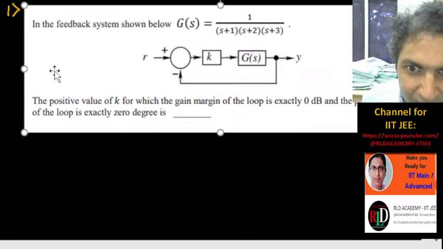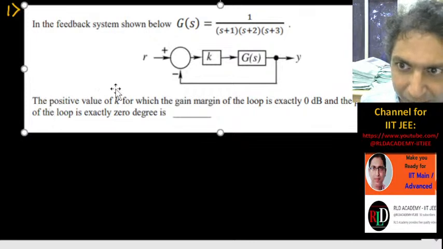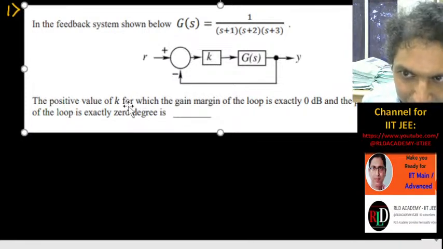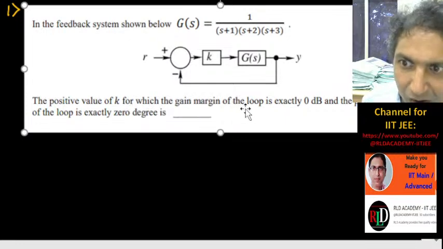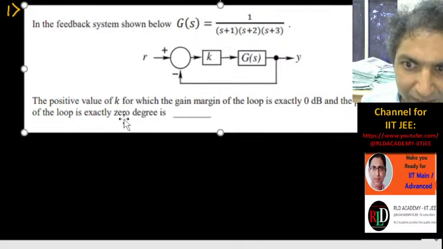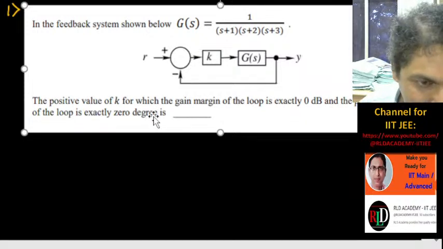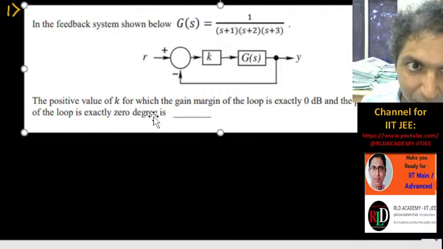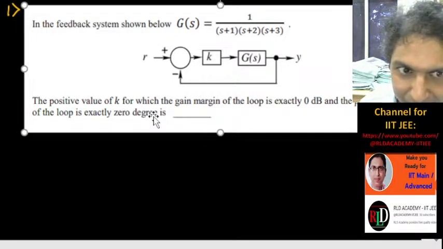Now the question is that we need to find the positive value of K for which the gain margin of the loop is exactly 0 dB and the phase margin of the loop is also exactly 0 degrees. Okay, try to understand what is the meaning of this.